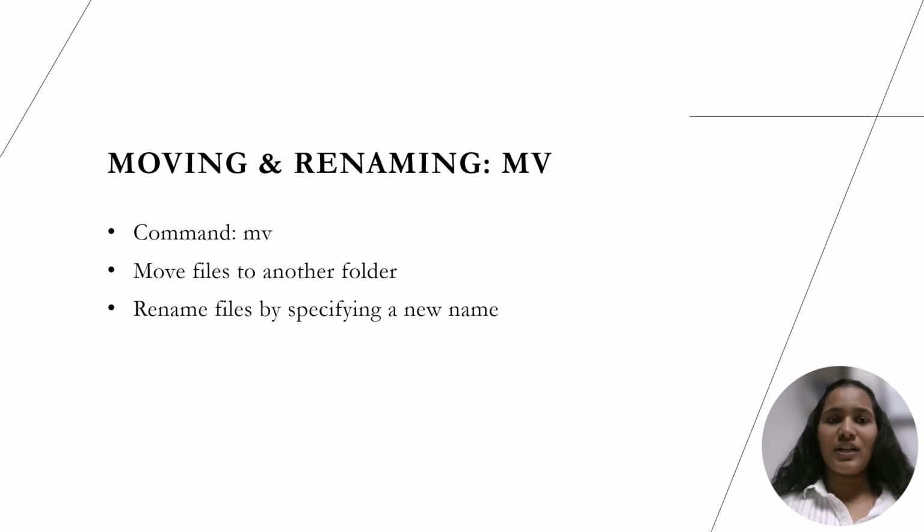You can also rename a file with the same command, mv, followed by the old file name and whatever new name you want: mv space old file name space new file name. So it will change the name from the older one to the newer one. The mv command handles both moving and renaming depending on how you use it.